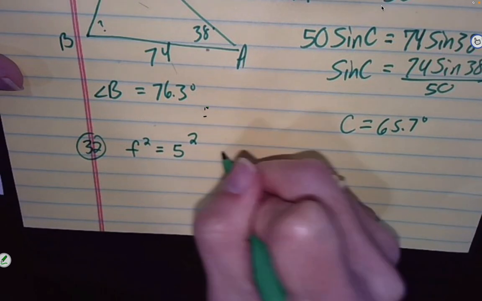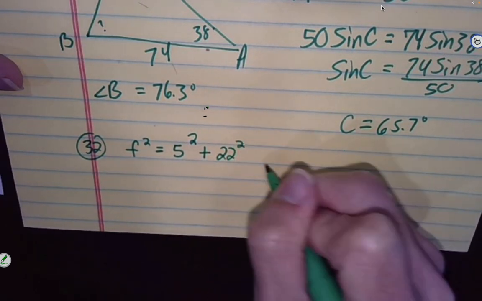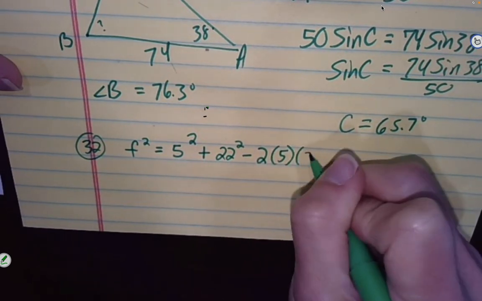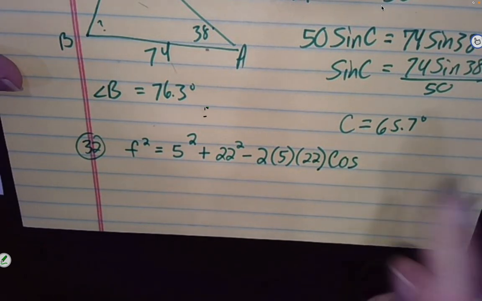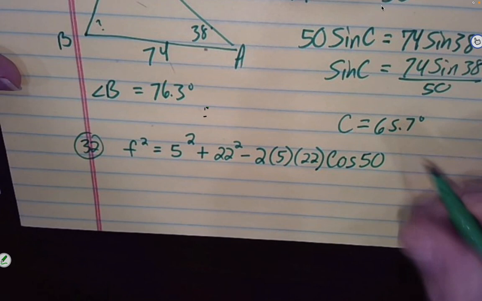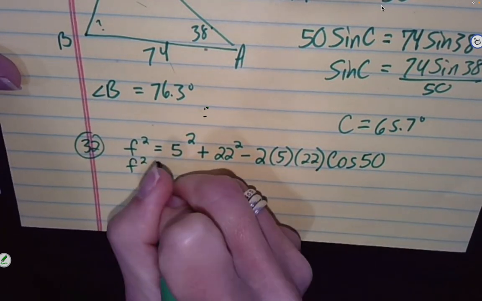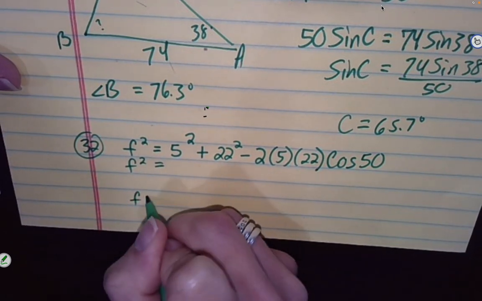The g is 5 squared, plus my h is 22 squared, minus 2bc, the 5 and the 22 again, times the cosine, because we're in law of cosines, and angle f goes with that. And they told me it was 50. So what's great about this problem is I can type all that in, and it gives me f squared. However, it does not give me f. I'm still going to have to find f.